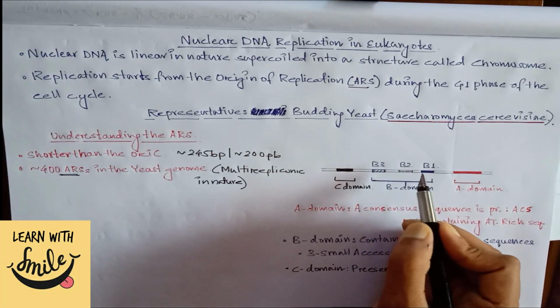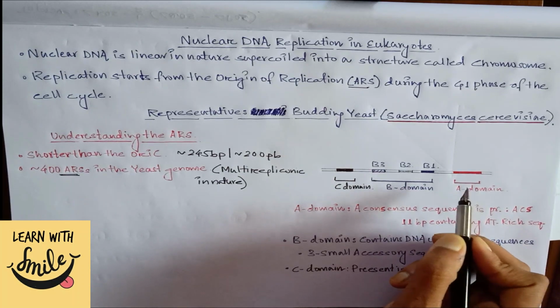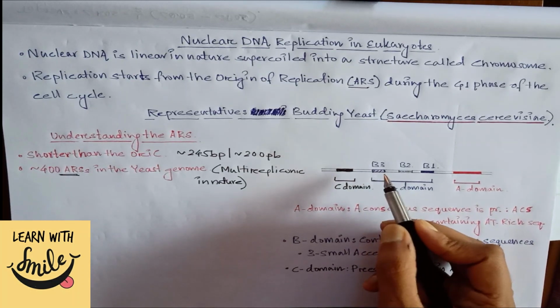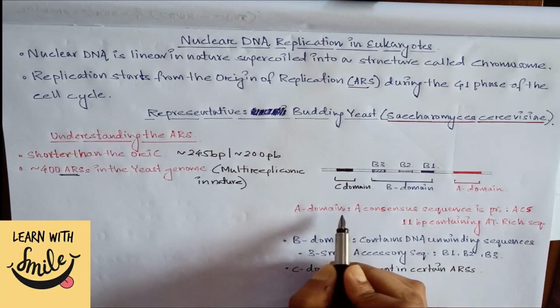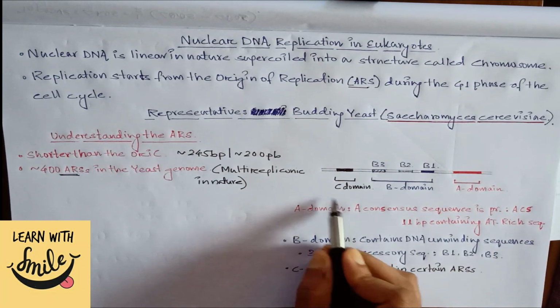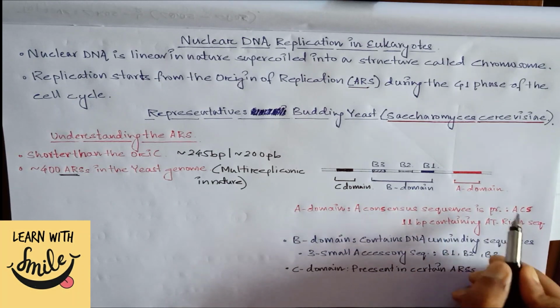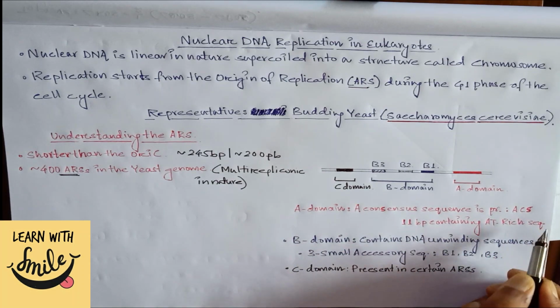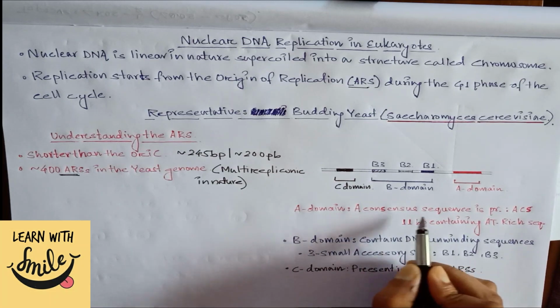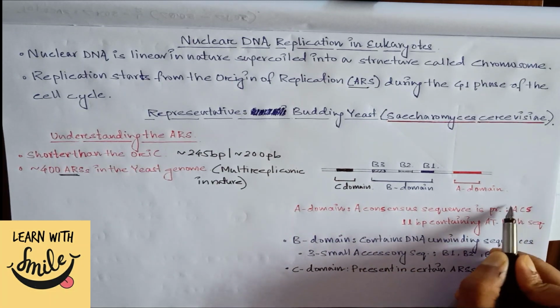Now let's look at the functionalities of these different domains present within the ARS. Talking about the A domain, this domain contains a consensus sequence which is AT rich, and this consensus sequence is known as the ACS.